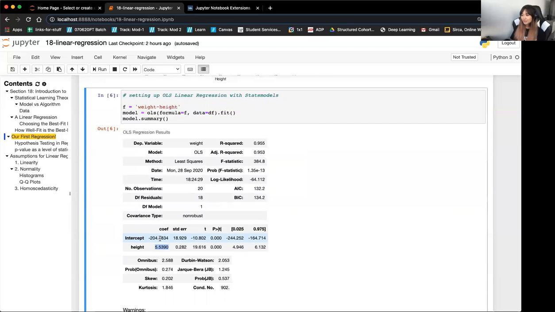Absolutely. Like with housing prices, you're probably going to see prices around a 6-figure number. And maybe one of your variables is number of bedrooms. Maybe increasing 1 bedroom will raise your housing price by like 100 grand.